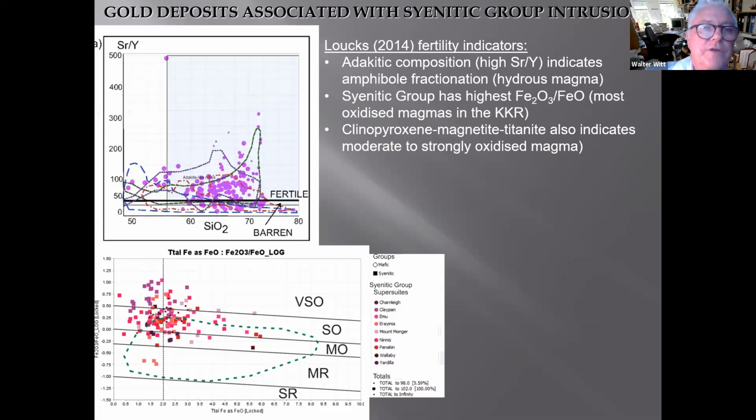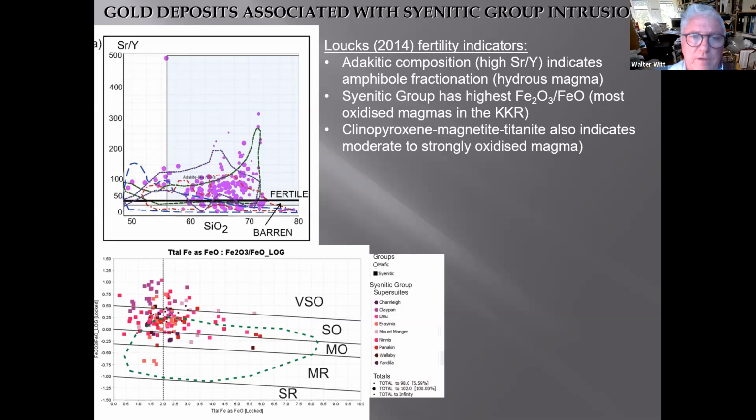These two plots address fertility indicators published by Bob Loucks for copper-gold mineralisation associated with intrusions. The top plot shows that the syenitic intrusions have an adakitic composition with high strontium over yttrium, indicating amphibole fractionation and a hydrous magma.